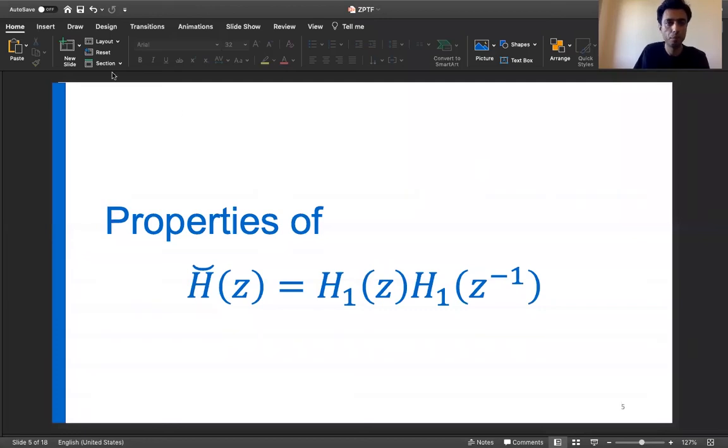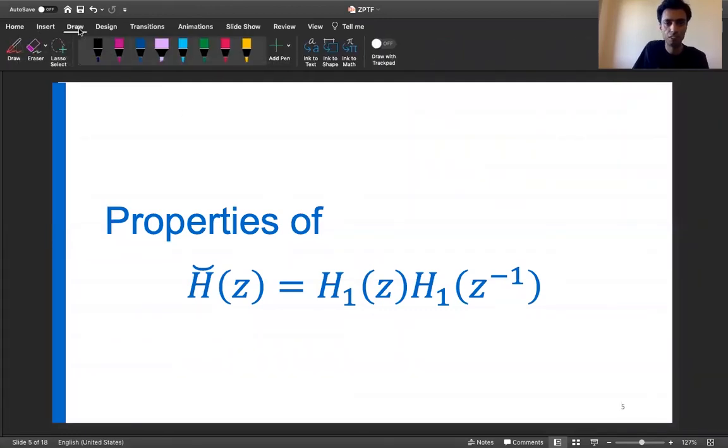Hi, so we are reading about zero phase transfer functions. And yesterday, in the last video, we discussed one way to implement zero phase transfer functions is with the help of H hook Z, which means when you have poles and zeros with a mirror symmetry about the unit circle.